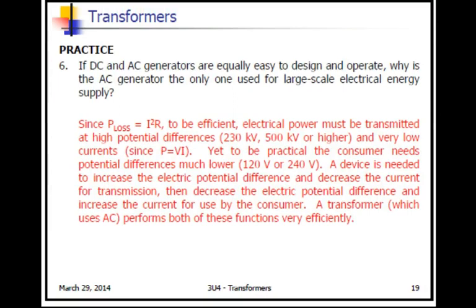If AC and DC generators are equally easy to design and operate, why is the AC generator the only one used for large-scale electricity? So because of power loss, and it's defined by I squared times R, we need to reduce the current and have a high voltage, a high potential difference, in order to not lose as much energy.